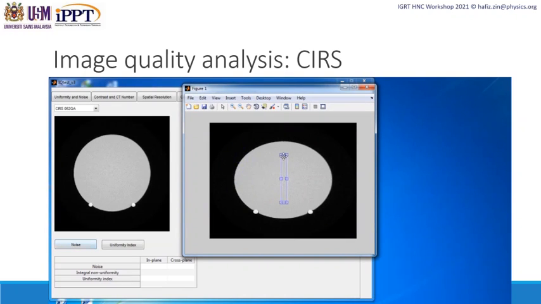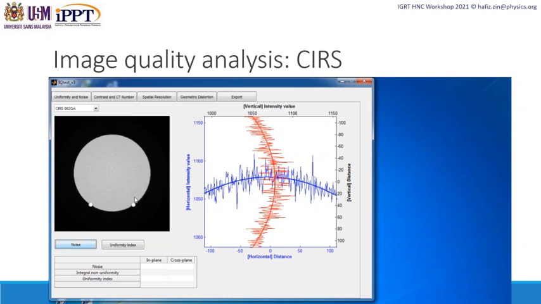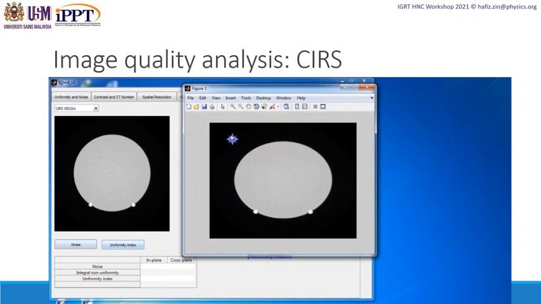Once we have the uniformity images, we average these three slices, and then we select the horizontal region and also the vertical region on the images at the center of the phantom, and we plot the pixel value across it.